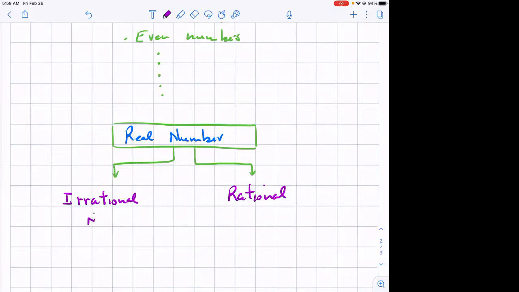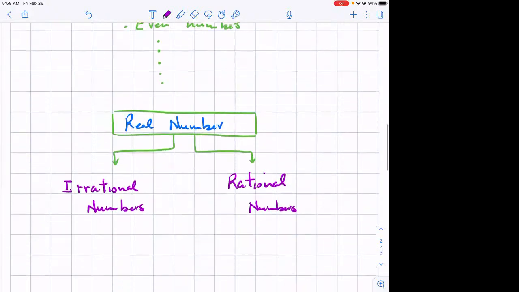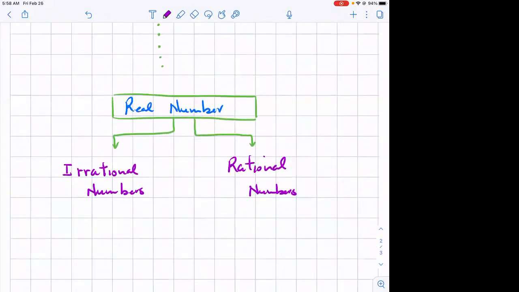So irrational numbers, rational numbers. These are the two main branches.